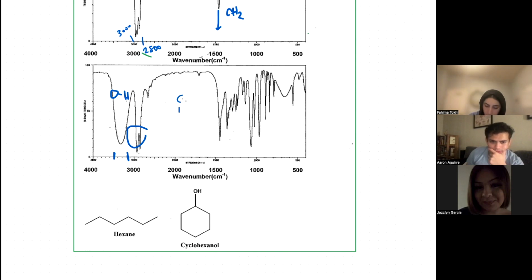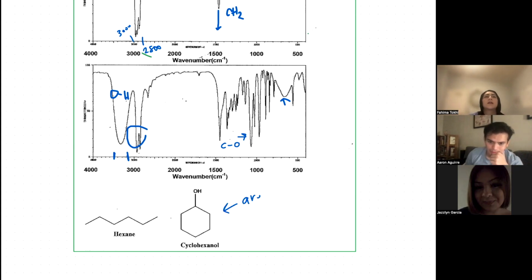The C to O bond, just a single bond, not a double bond, is going to be 1000 to 1250. So it'll be somewhere here. So it's gonna be this then? Yeah, probably. This probably is going to be a C to H bond arene, 690 to 900. That makes sense.